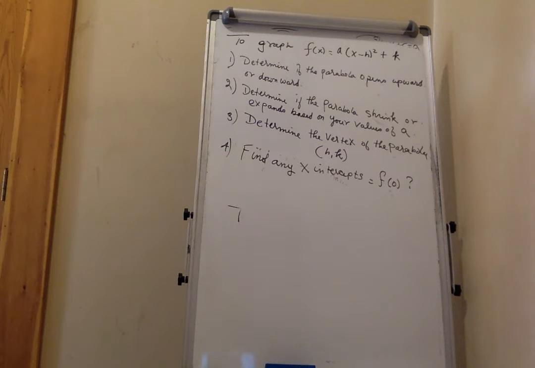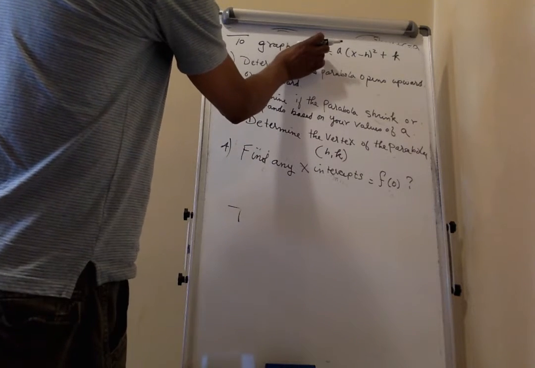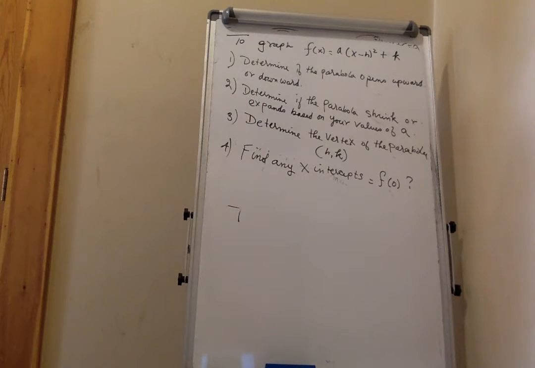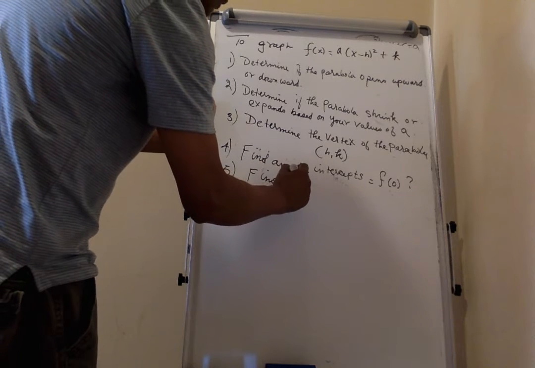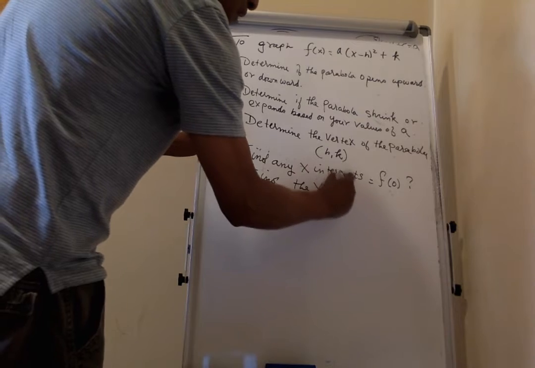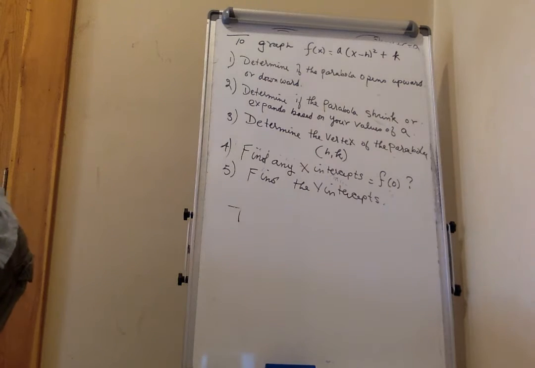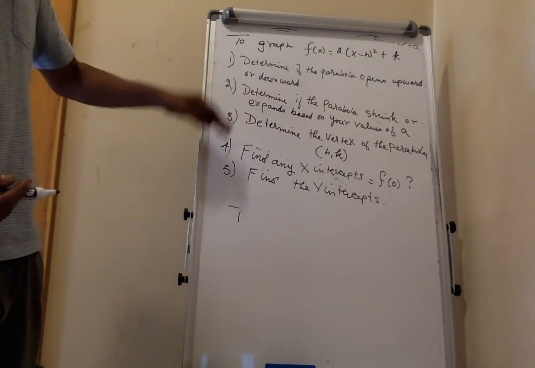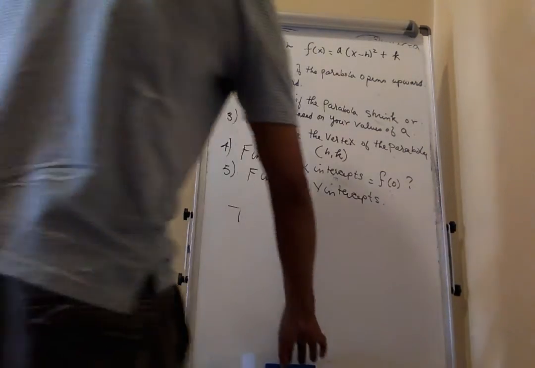What happens when, if y is 0, what happens to x? So that is your x-intercepts. Right? And then five, find y-intercepts. And then that's it. Once you have these 5 conditions, then you are ready to draw the graph.